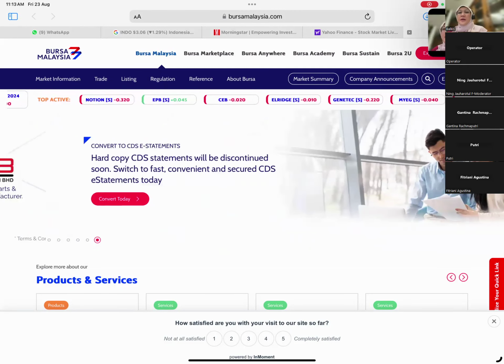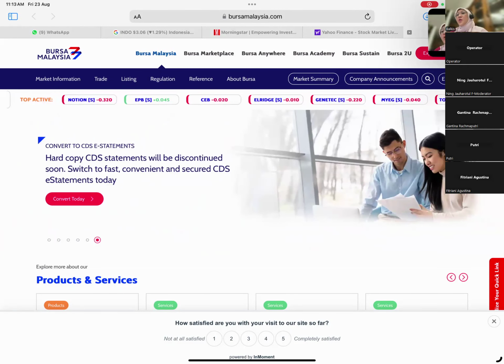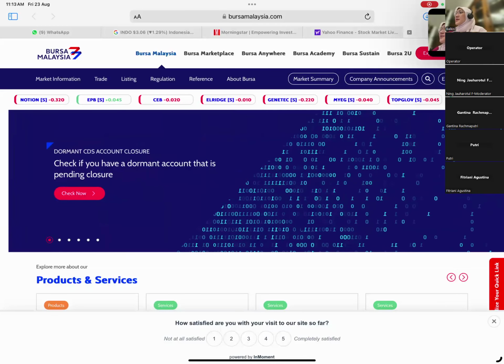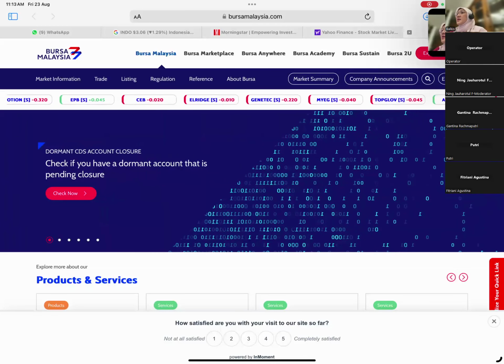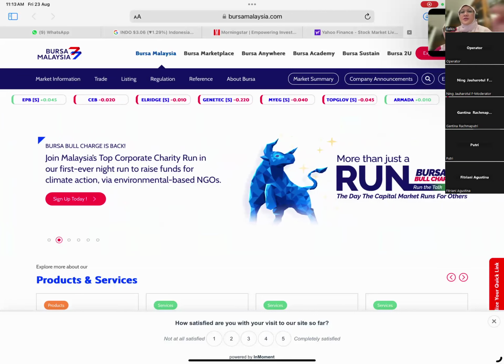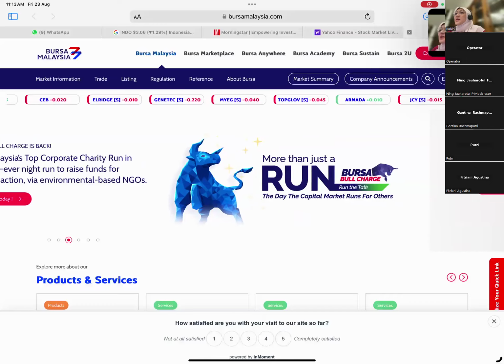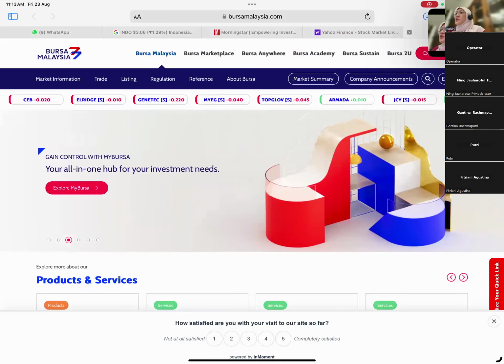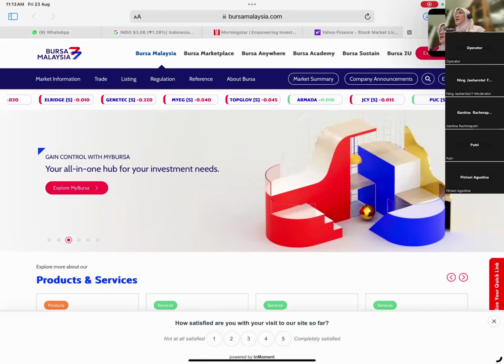If FBM Emas, it means all listed companies available, then we calculate the return, the closing price, for FBM Emas. In order for us to collect the data for closing price, Bursa Malaysia has very limited data they share with the public.